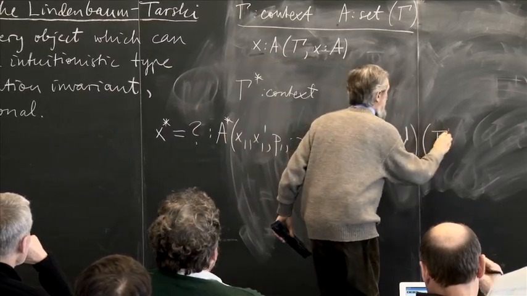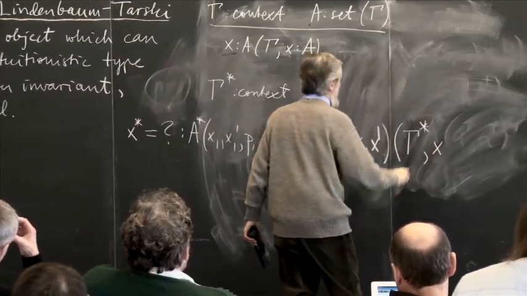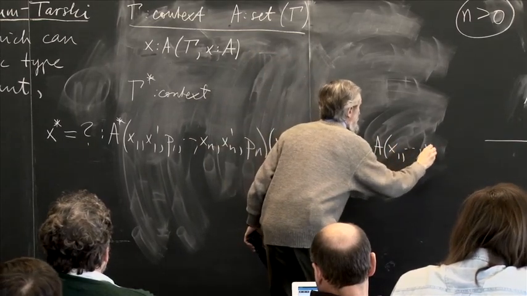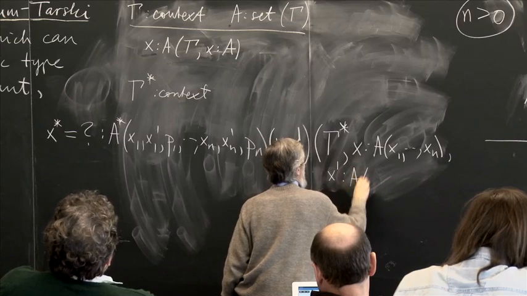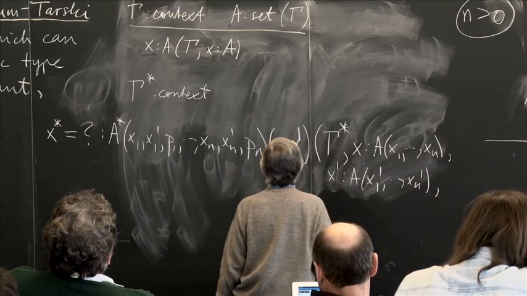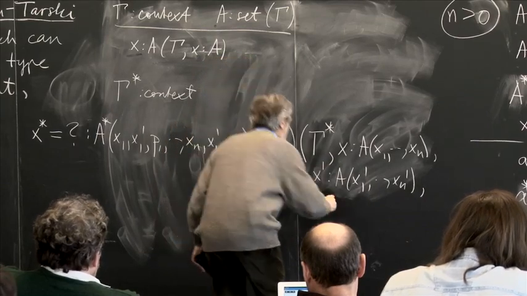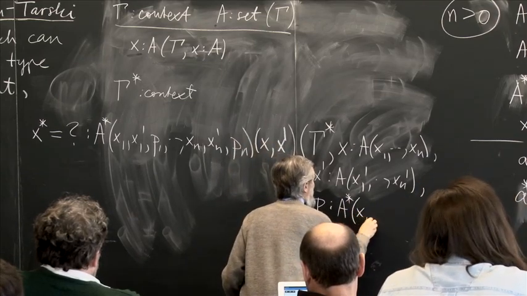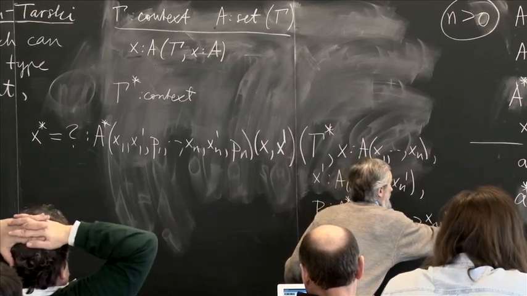And what is that? Well, it's gamma star with the three new assumptions: x in A of x1 up to xn, x prime in A of x1 prime up to xn prime, and finally the proof p that x and x prime are related, and that proof p is A star of all the arguments x1, x1 prime, p1 up to xn prime, pn.